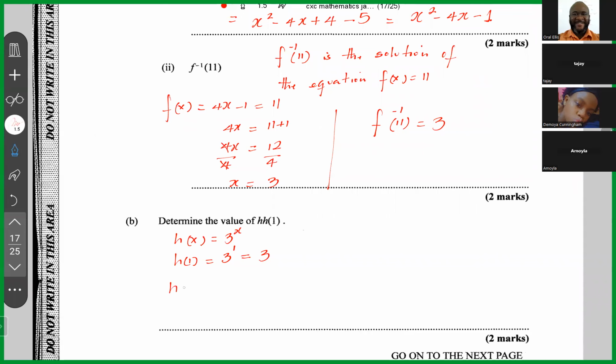Now, h of h of 1 would be the same as saying h of 3, because h of 1 is 3. And in h of 3, wherever I see x, I would put 3. So that is 3 to the third power, which is 3 times 3 times 3. h of h of 1 is 27.